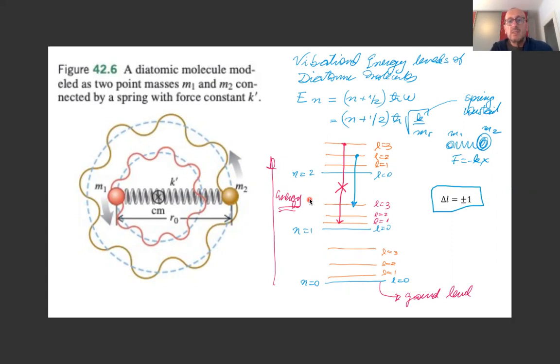A rotating mass has the property that the kinetic energy of the rotating body can be expressed in terms of the angular momentum as L squared divided by 2I, where L squared is now h bar squared times L times L plus 1. And so we get a set of energy states like this.